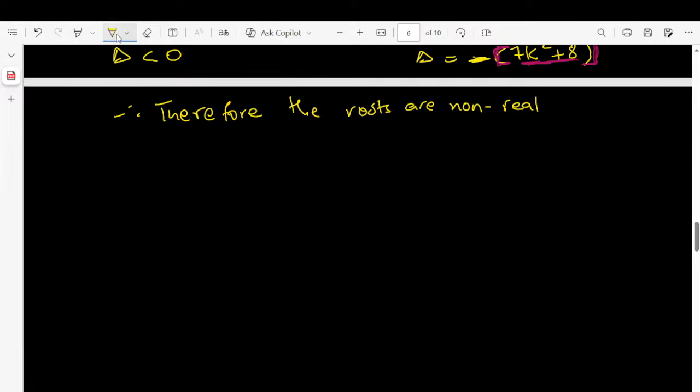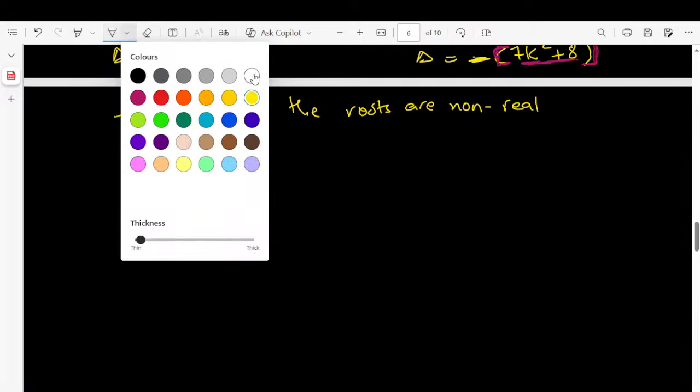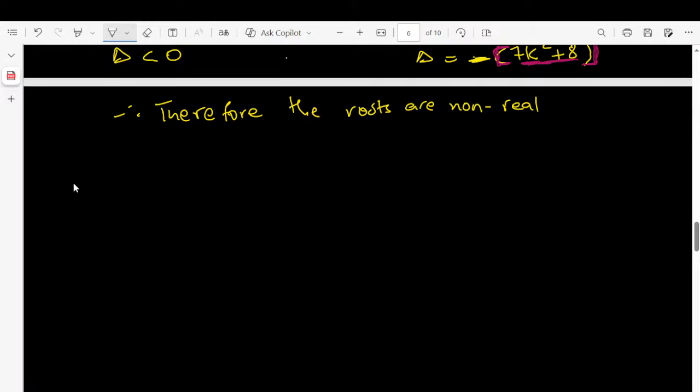Let's look at this. Let's work on this problem here. Let's say I have the equation x squared plus 12x equals 3k x squared plus 2.